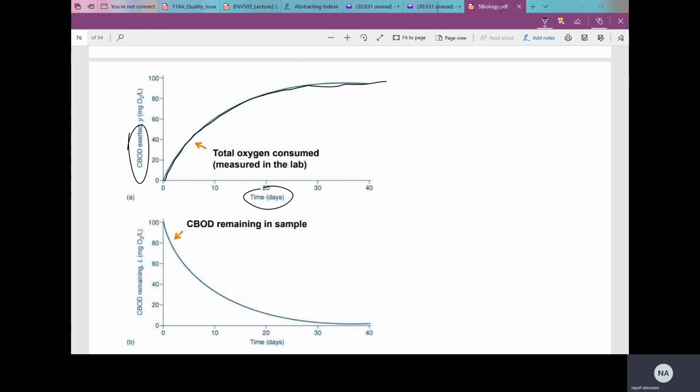This is BOD, this is microorganisms breathing oxygen. Now, the other side, the food inside the sample, you can see it will go from high to low, while the cumulative oxygen will go from low to max. So these are two curves that are approached during the BOD analysis.